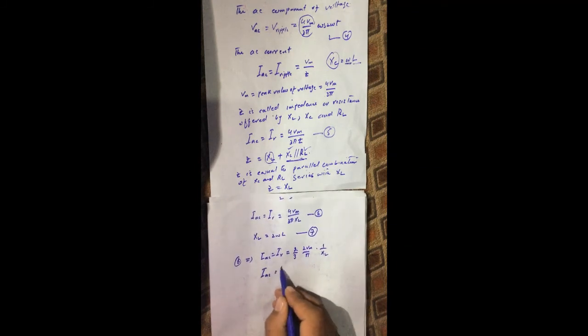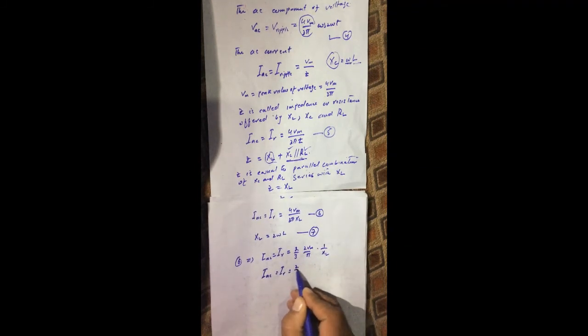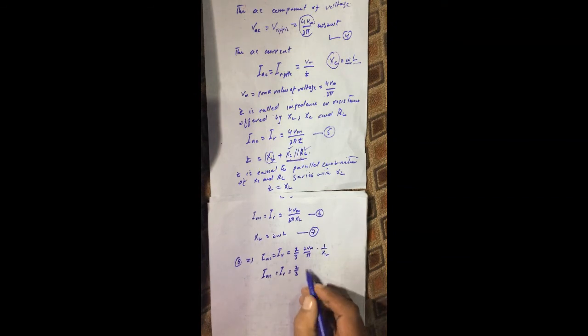This is the same as equation 6. So I ripple is equal to 2 over 3 into this 2Vm over pi, which is basically the DC voltage, divided by XL.